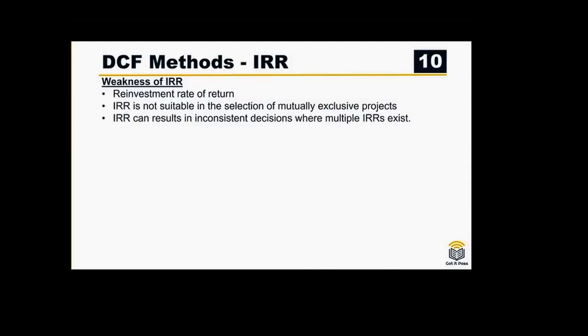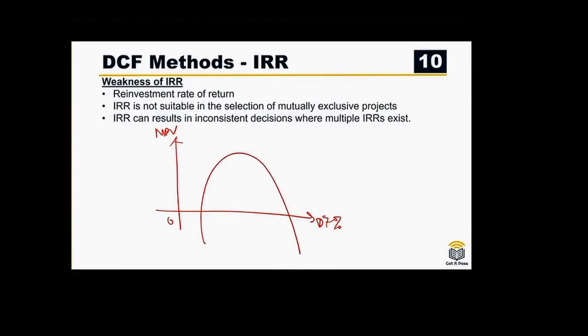When multiple IRRs exist, the decisions will be inconsistent, as shared with you. The discount factor percentage against the NPV: if you have an unconventional cash flow pattern, you have two IRRs.